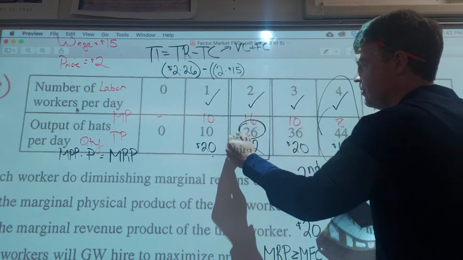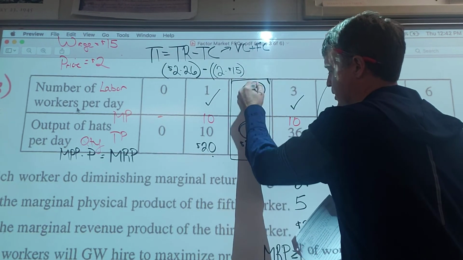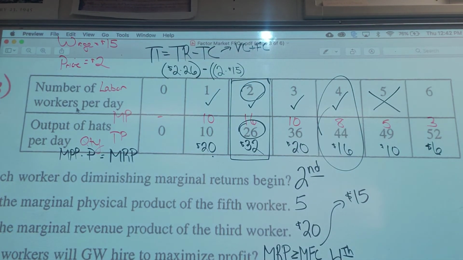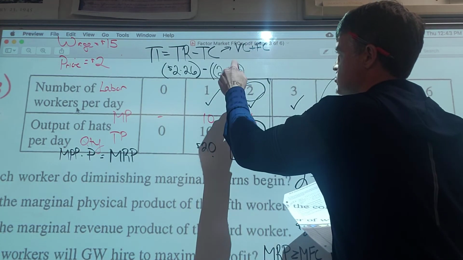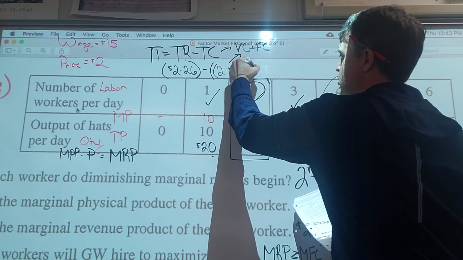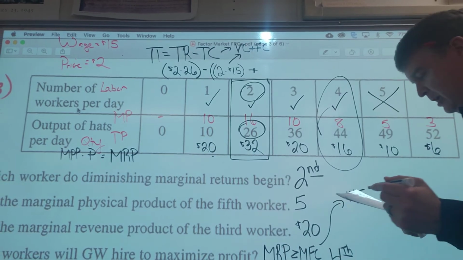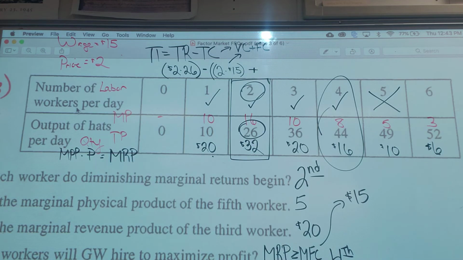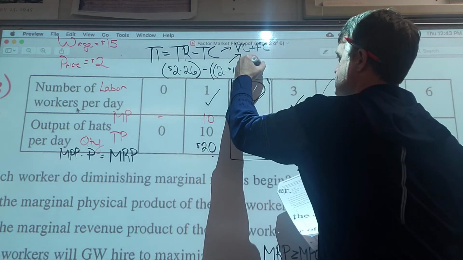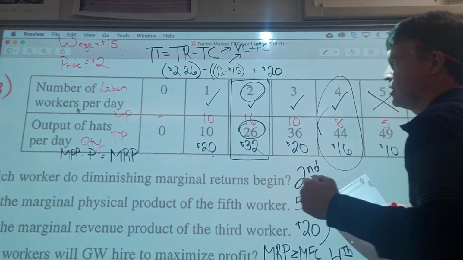Where does that come from? The question says when they hire 2 workers. So I know I hired 2 workers for $15, so that's my variable cost. Plus, it gives me in E, they have fixed cost equal to $20.